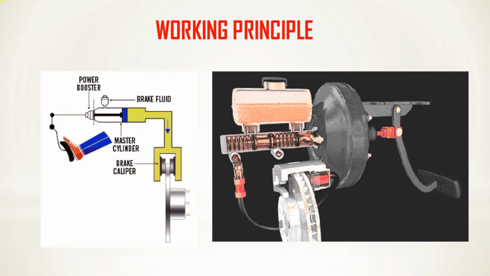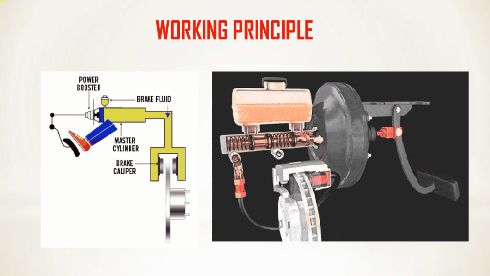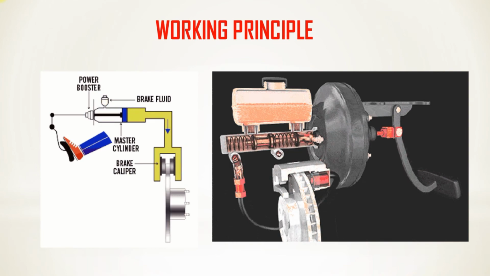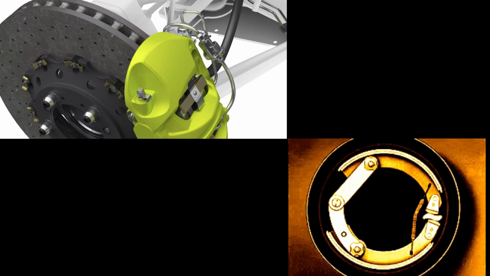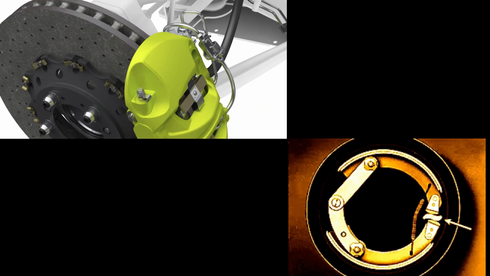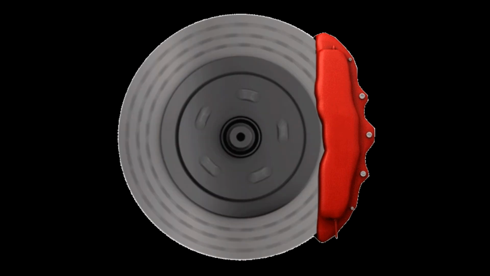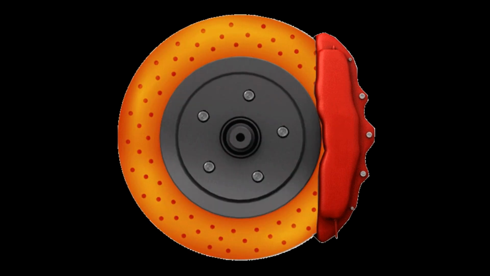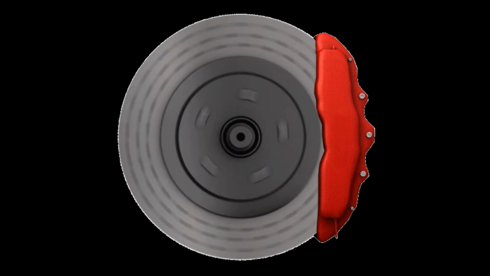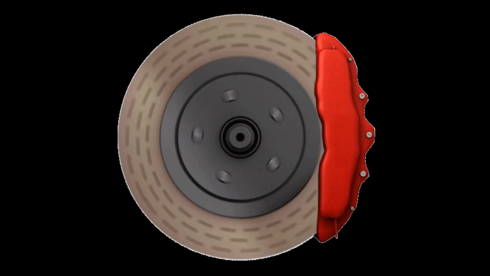Now we will discuss the advantages of the disc brake over drum brake. As we know, the disc brake is lighter than drum brakes. It has better cooling because the braking surface is directly exposed to the atmosphere, so it can easily reject the heat to the atmosphere.